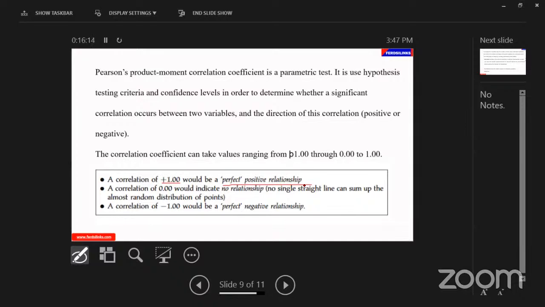What's the relationship between income and consumption? It's positive. As your income increases, the more you consume, at least by all standards. The more you have money, the more you spend, right? That's the idea. So it's a positive relationship.